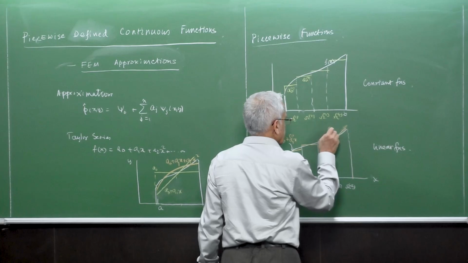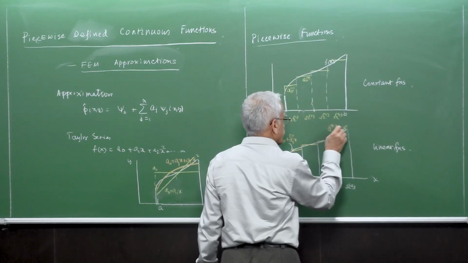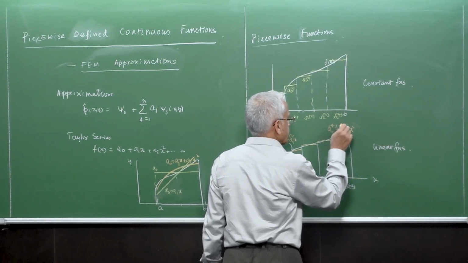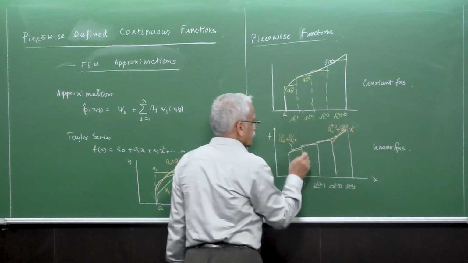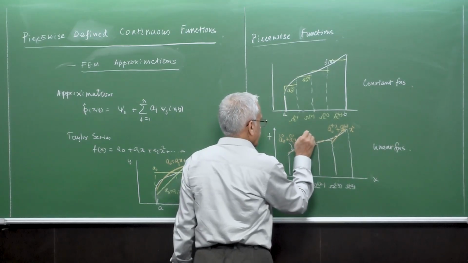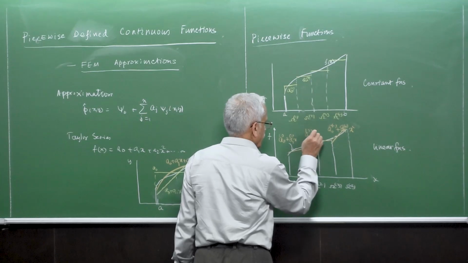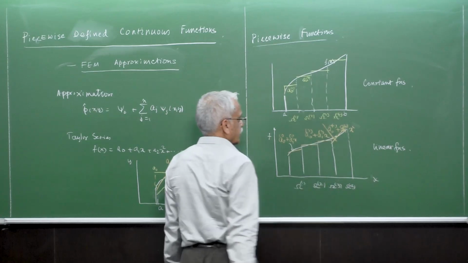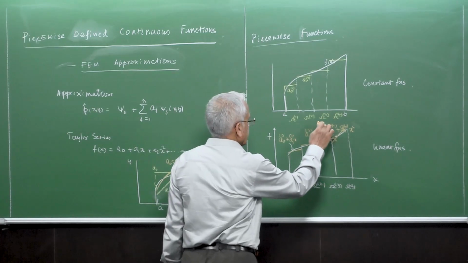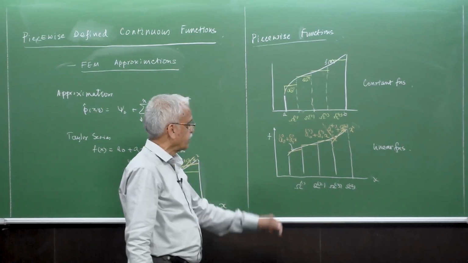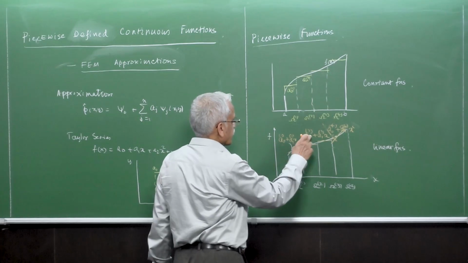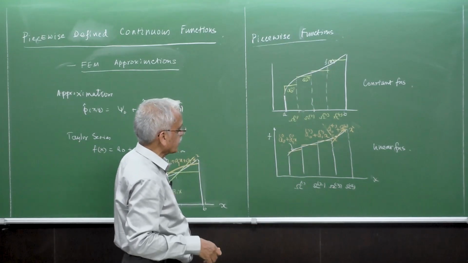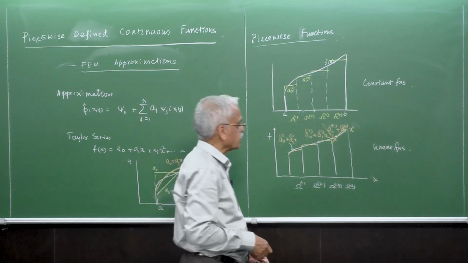So we have here a0 of the fourth domain and a1 x. So you can see very clearly that in each domain it is a linear function, but the two coefficients which appear here are different in each subdomain. So like this, you can also extend this one further.